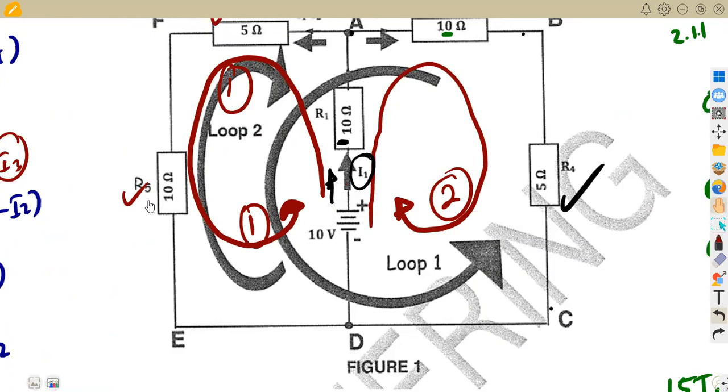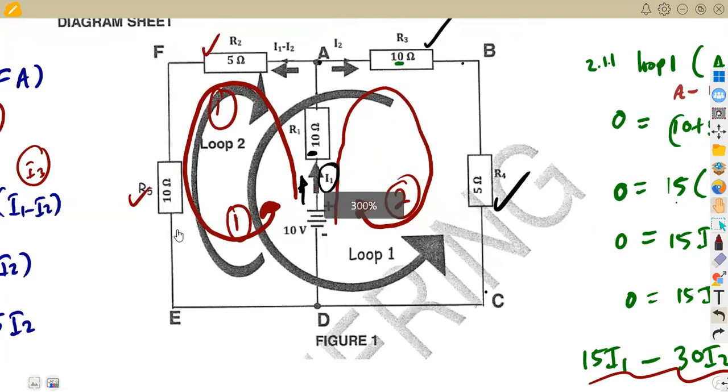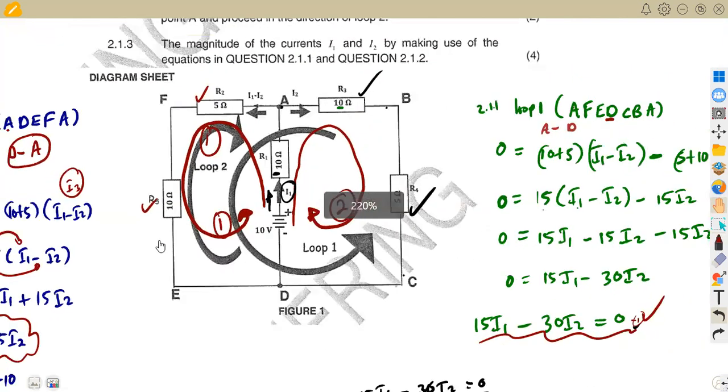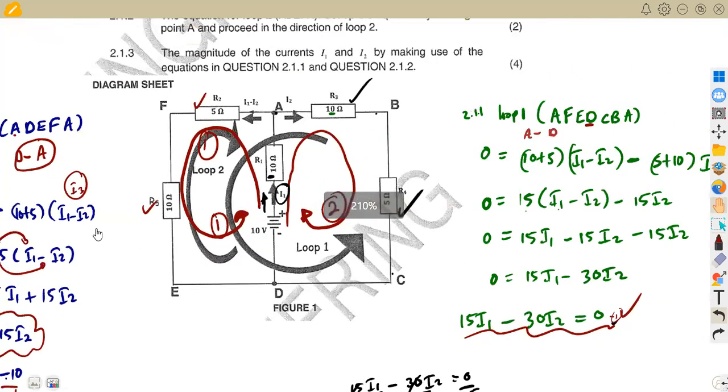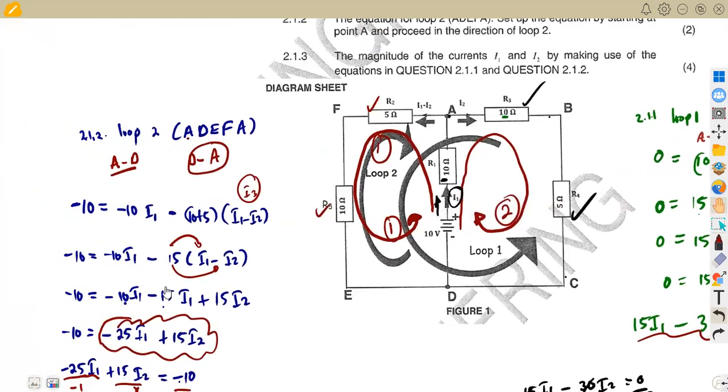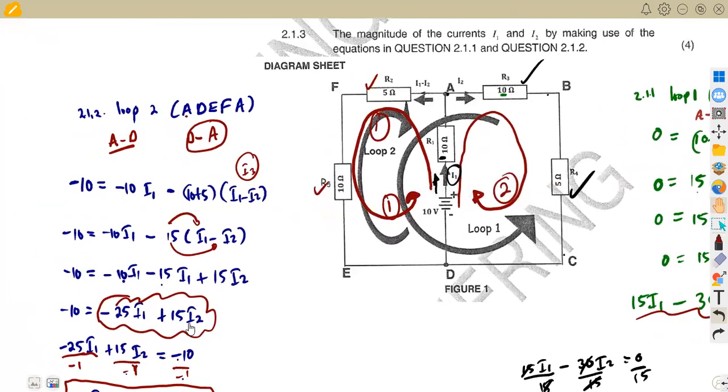The diagram is the same, but the loops were taken in different directions. It's just a different direction that you're taking, but the answers for the currents flowing will be the same.